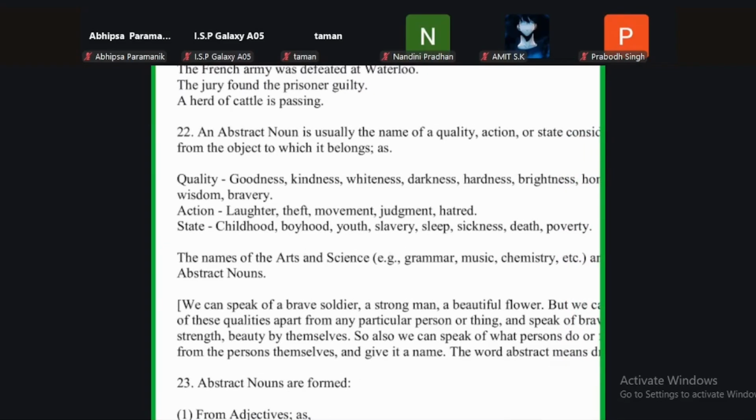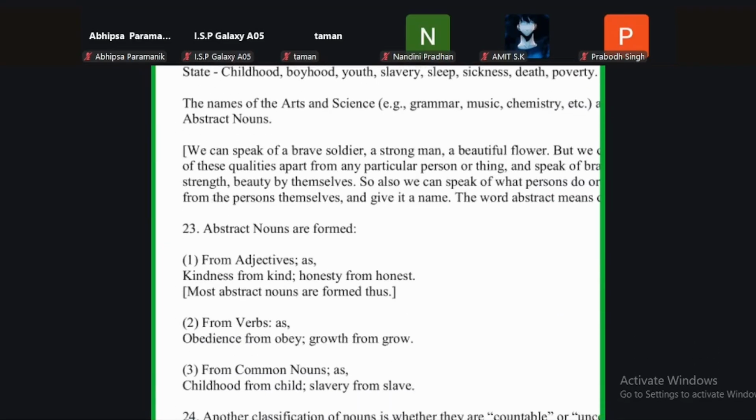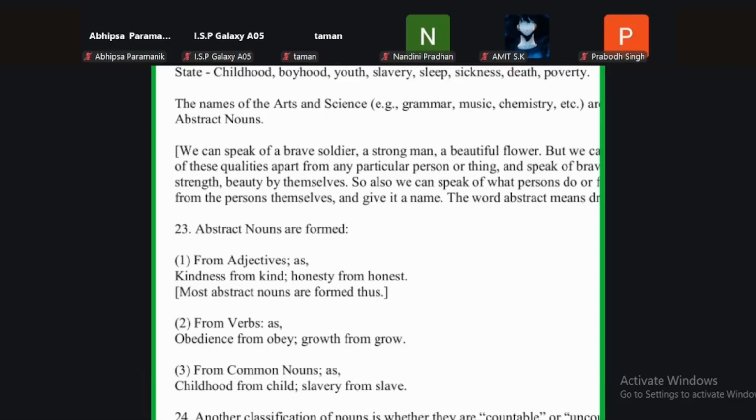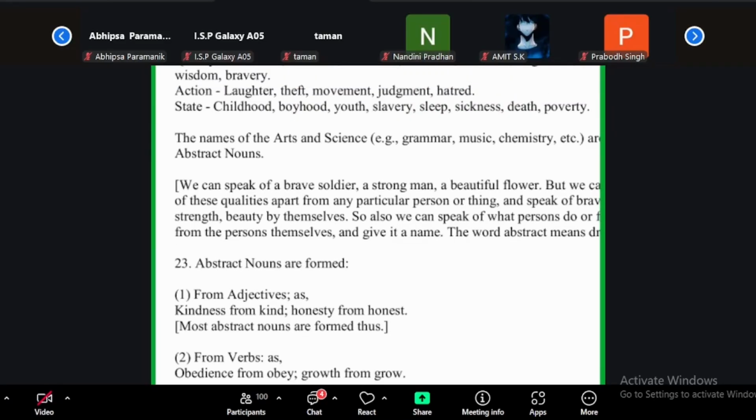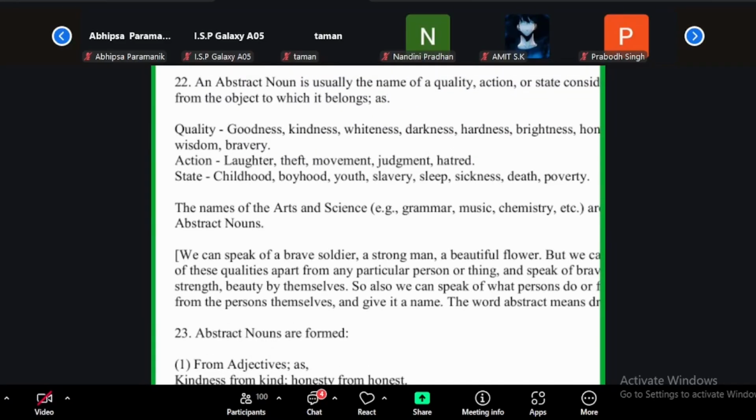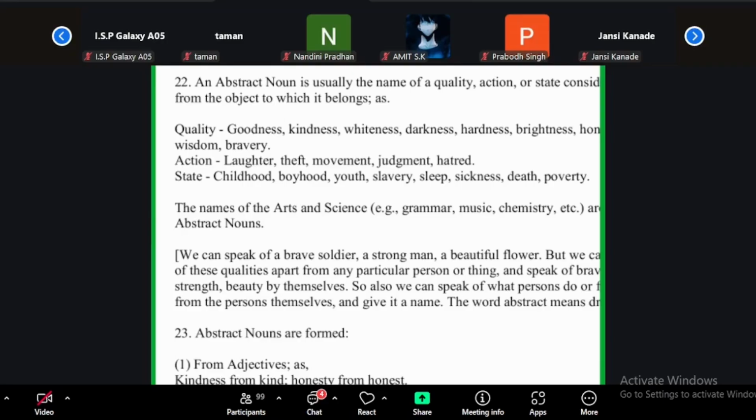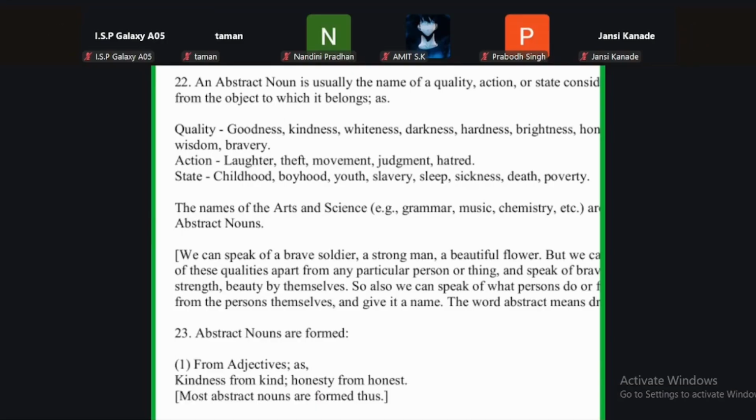I'm sure you'd agree that most of the time, transforming a noun from a verb or from an adjective, converting it into an abstract noun, becomes the most challenging part when it comes to nouns. So you need to understand what an abstract noun does, and also how they are formed from adjectives, from verbs, and from common nouns.